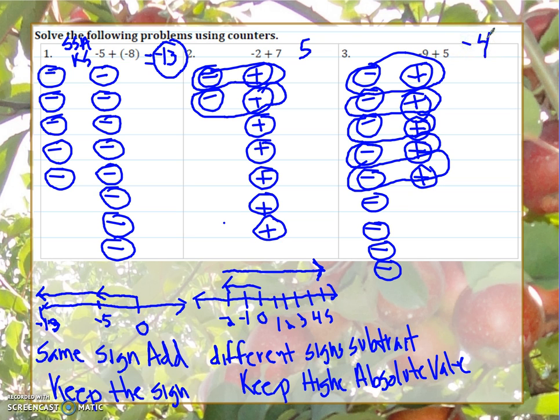All right, if I'm taking a look at the number line, I'm going to go to the left 9. So we start at 0.